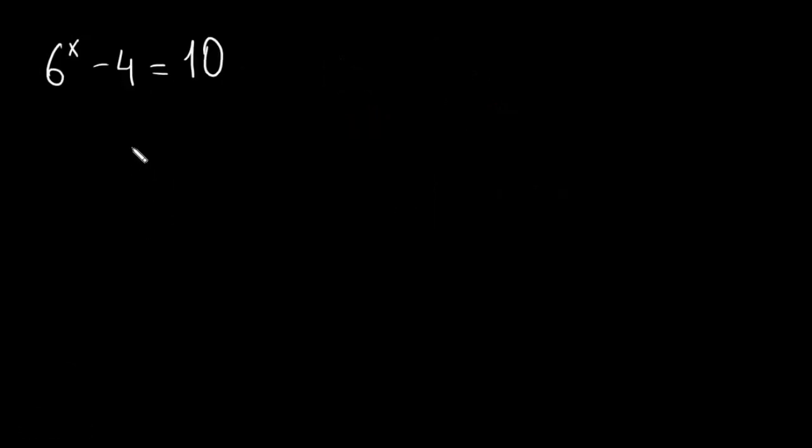Alright, let's do another example. We have 6 to the power of x minus 4 is equal to 10. I need an expression in the form a to the power of x is equal to b, so that I can use x equals log base a of b.